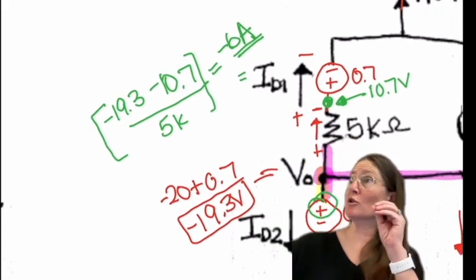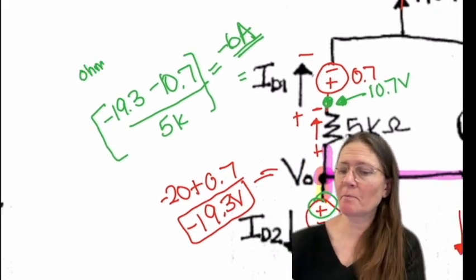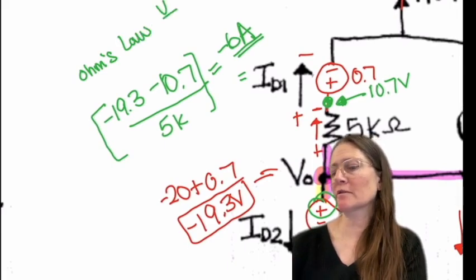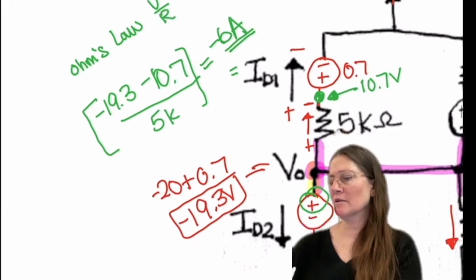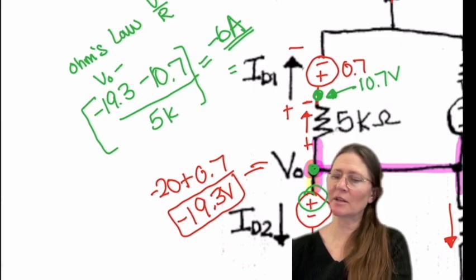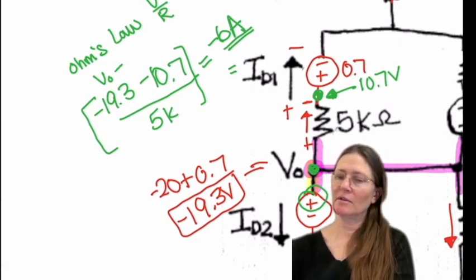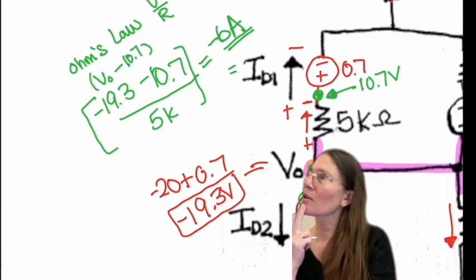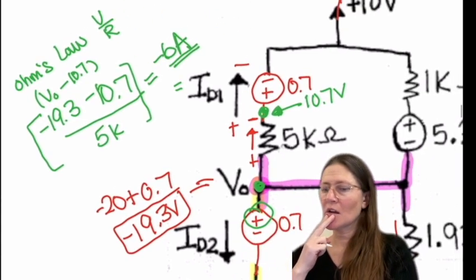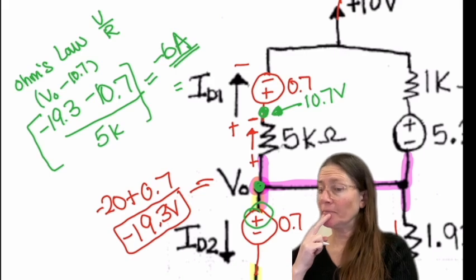I just used Ohm's law, where it's the voltage across it over the resistance. So I took the voltage, in this case, V naught minus... I was just confused why it's not the 10.7 minus the negative 19.3, because that's like which way the current's going.